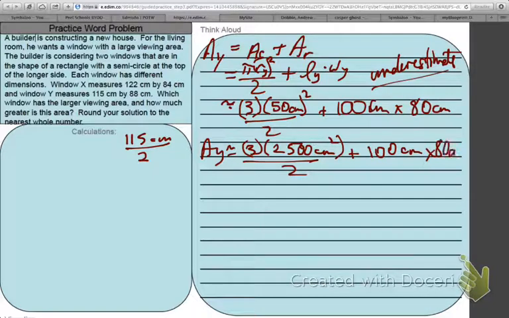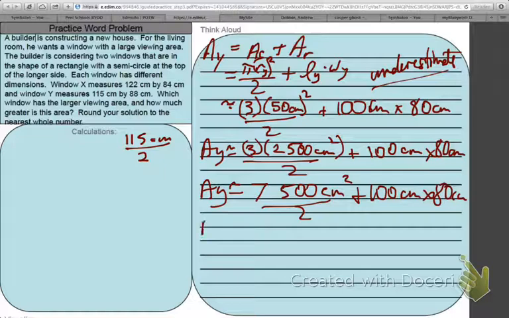So let's finish up what we're doing with the area of the circle, just as an estimate. So we have 2,500, and we have 3 of them. So 3 25s is 75. So 3 times 2,500 should be 7,500 centimeters squared divided by 2 plus 100 centimeters times 80 centimeters.